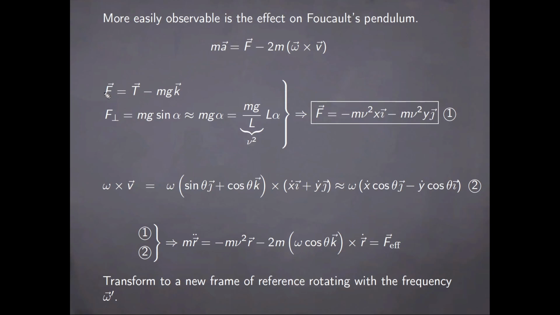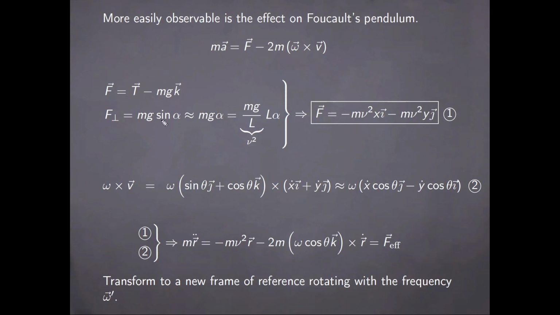So where the total applied force is the tension in the pendulum string and the effect of gravity. So then the restoring force, which keeps the pendulum oscillating, is of the magnitude given here, where this is just the angle of deflection of the pendulum from the local vertical.